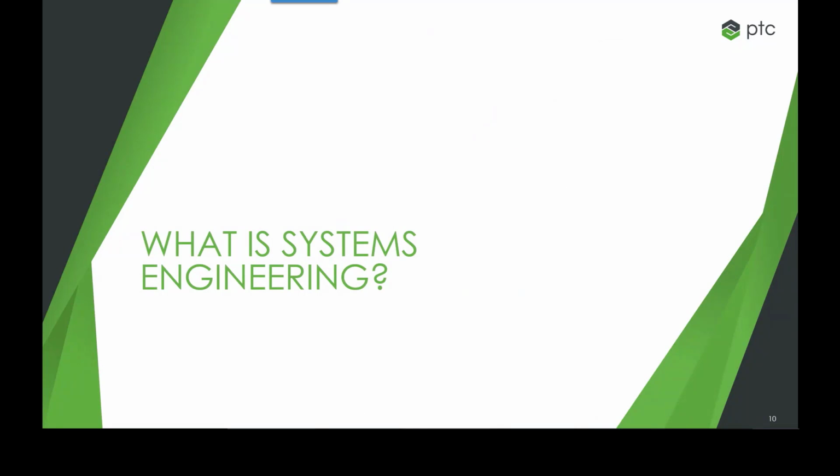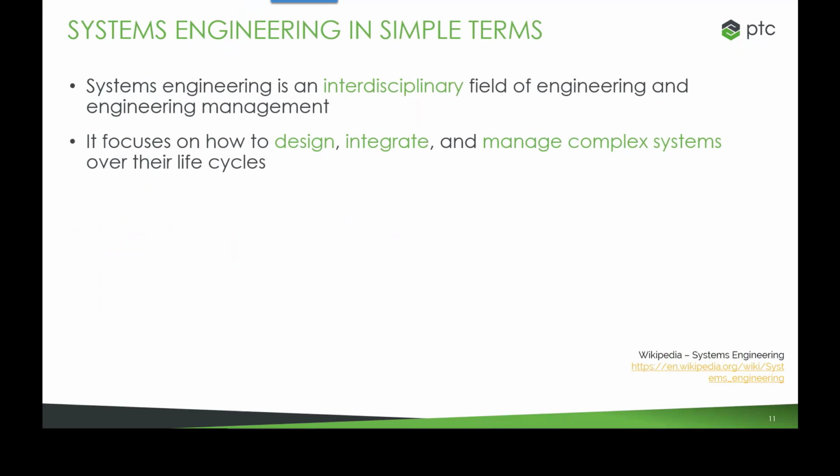So what is systems engineering? Here's a definition from Wikipedia, which is nice and simple to understand. Systems engineering is an interdisciplinary field of engineering and engineering management. So that's a really important first statement. It's interdisciplinary, so it looks to combine different types of engineering.